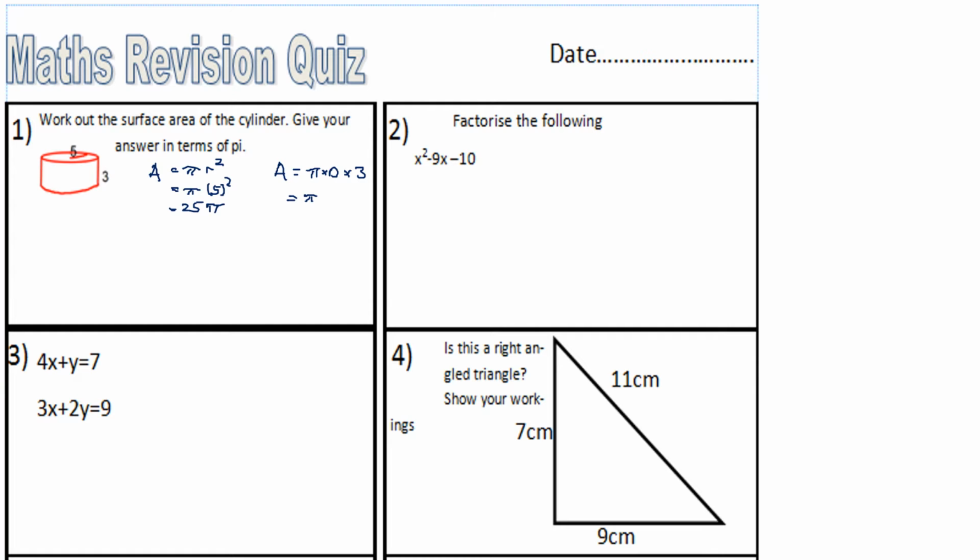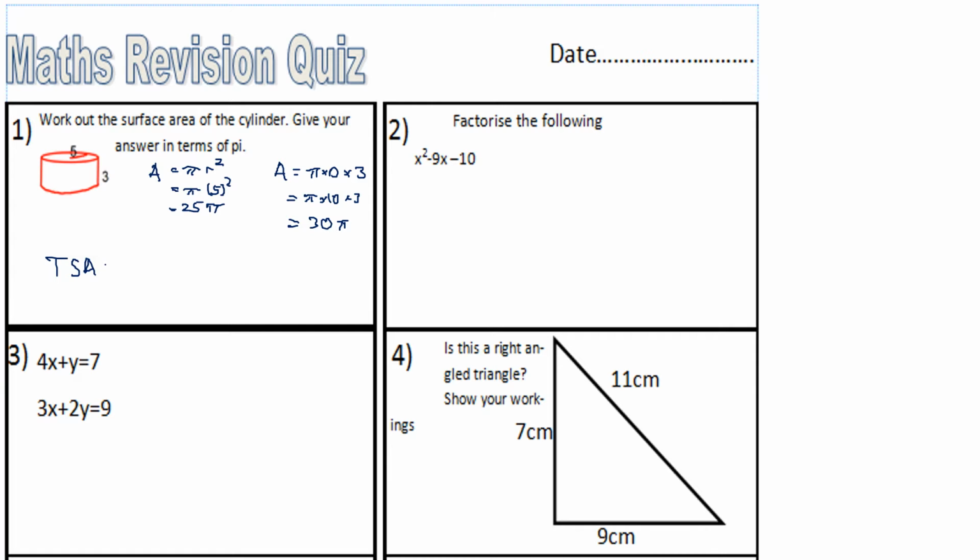Okay, so we've got pi times diameter, so the radius is 5, so the diameter is 10, times by 3, 30 pi.